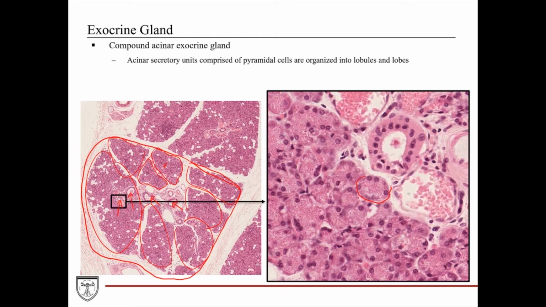So here's one sphere or acinus, here's another, a little out of focus, but here's another. So these secretory units are really kind of packed tightly in there, in a given lobule.